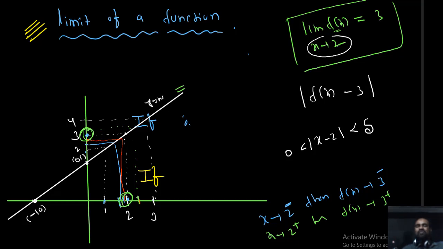The distance between f of x and 3 becomes lesser and lesser, assume less than epsilon. Again here also f of x is never equal to 3. So I can say that if you can take a value of delta so that 0 less than mod of x minus 2 less than delta, automatically there will exist another positive number, let's say epsilon, so that 0 less than mod of f of x minus 3 less than epsilon.